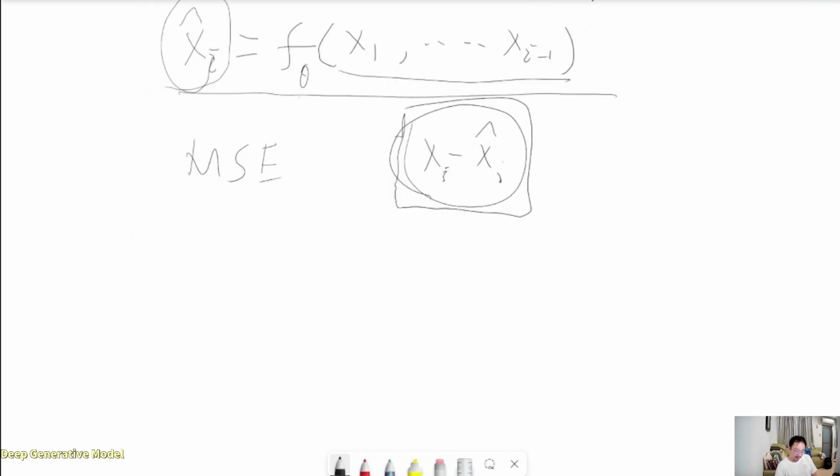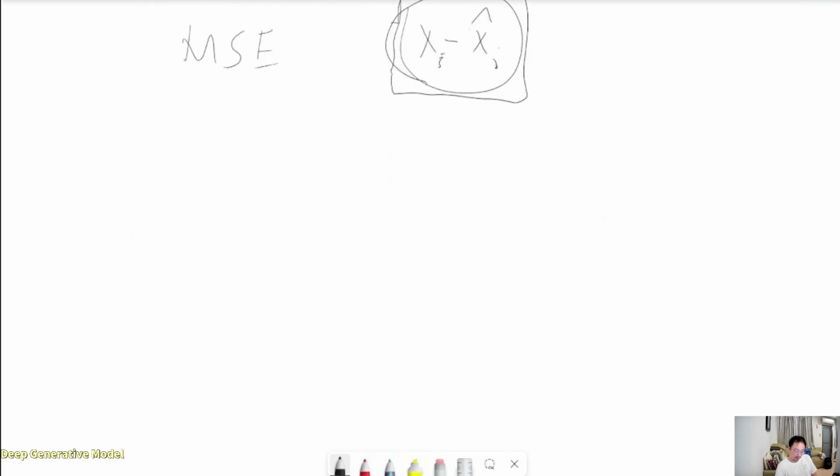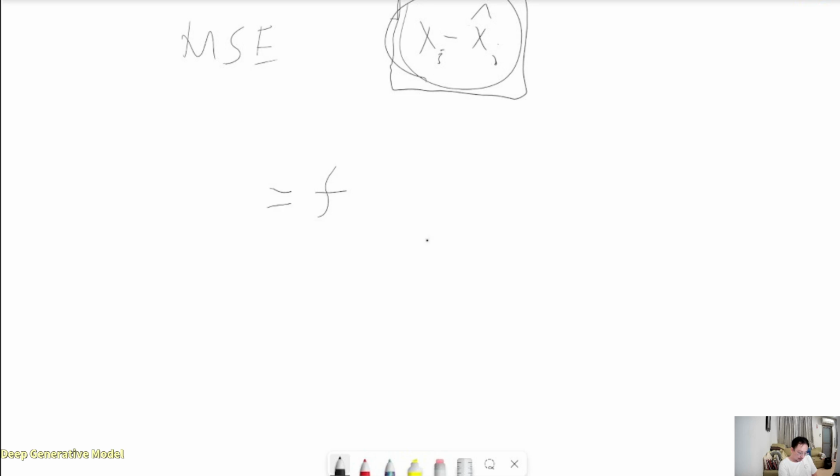So if you really need some probability structure, a common way to do that is we have an f to predict mu. If we consider our output to be a normal distribution, it is a very common assumption.